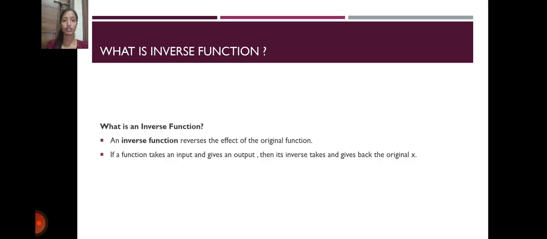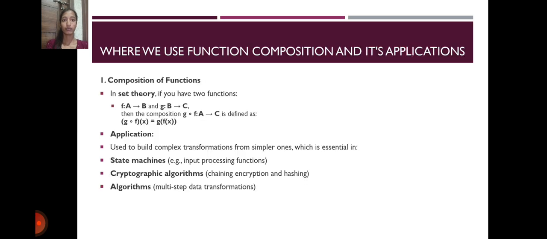What is an inverse function? An inverse function reverses the effect of the original function. If a function takes an input and gives an output, then its reverse gives back the original x. Where we use function composition and its applications.